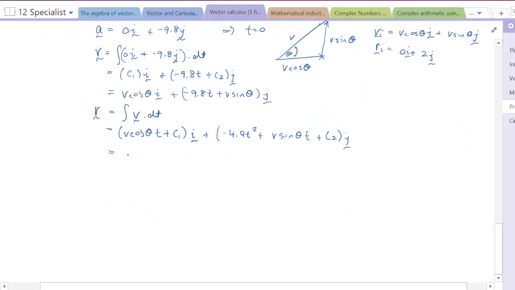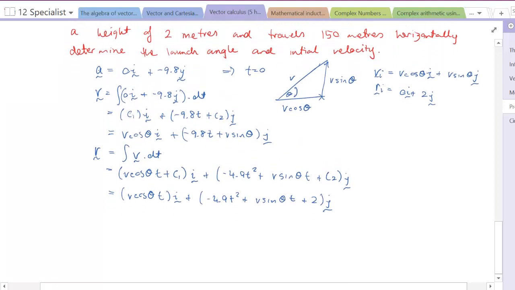So c1 is 0 and c2 is 2, so now we've got v cos theta t plus 0 in the i and negative 4.9 t squared plus v sin theta t plus 2 in the j direction.